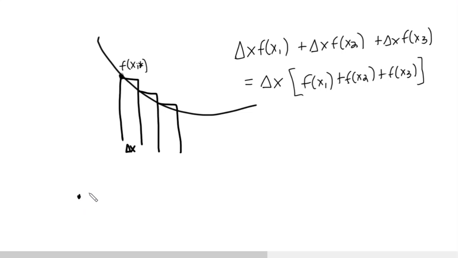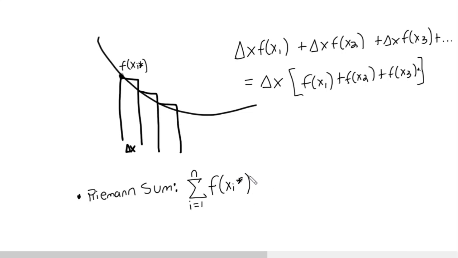So the Riemann sum is essentially saying the same exact thing, but instead of just adding this on forever and ever, we're going to condense it into a sigma, where our upper limit is n, the index is i, and the lower limit is 1. And then it's f of xi star.